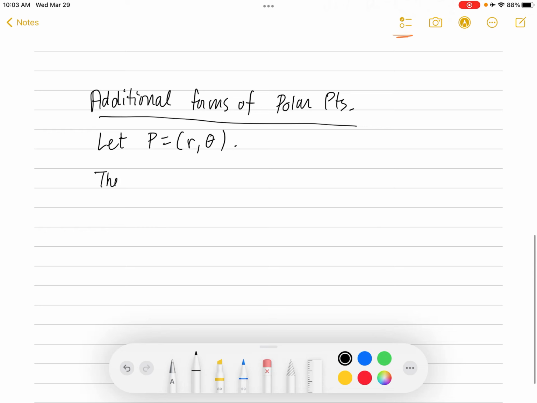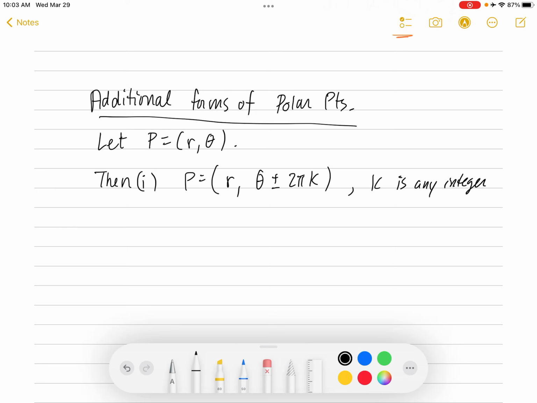Let's say we have a point in the form r comma theta, a polar point. Then number one, I can rewrite this point. I can keep the r the same, and I can change the angle. I can add or subtract 2 pi times k, where k is any integer.